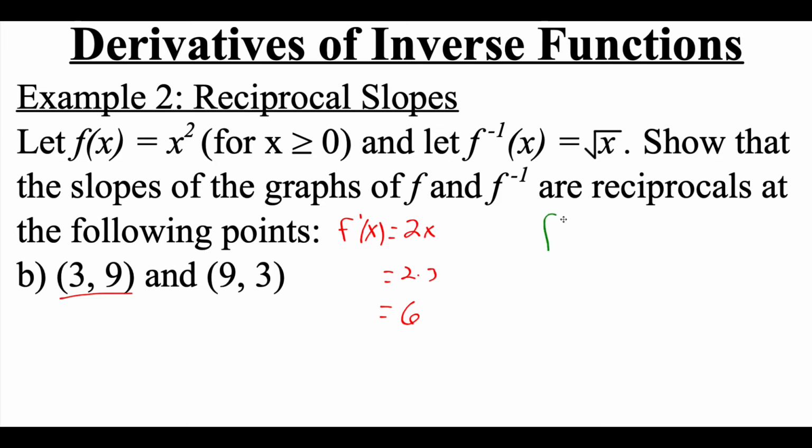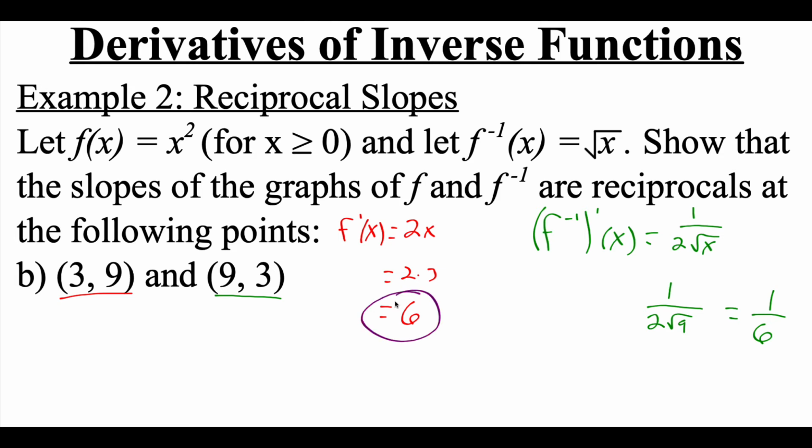And then we also know that the derivative of our inverse function was 1 over 2 times the square root of x. If we're looking at that (9, 3) point, plug in the 9 there for the x, and we get 1 over 2 times the square root of 9. The square root of 9 is 3, times 2 is 6, so we get 1/6. And again, we can see that these slopes at those given points are reciprocals of each other.